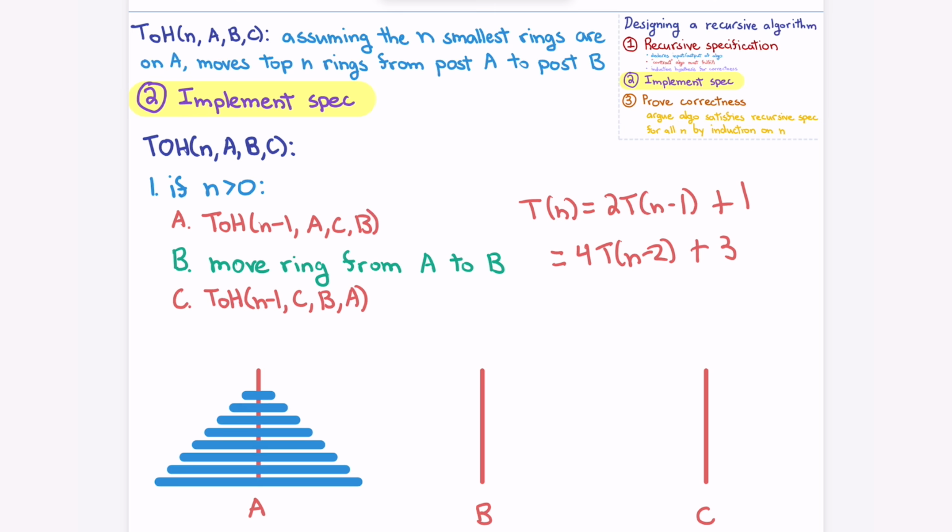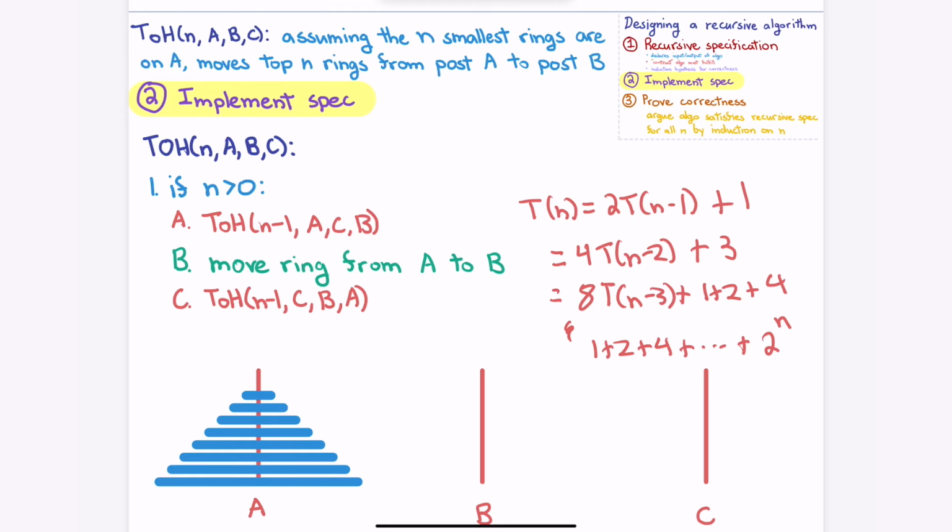This is because each of those T(n minus 1)s will give you plus 1, and then double into 2 more recursive calls. And then you're going to get 8T(n minus 3) plus 7, but that's really coming from 1 plus 2 plus 4, right? So you can start imagining, okay, you're getting 1 plus 2 plus 4 plus all the way up to 2 to the n. Yeah, so it would have taken a very long time.